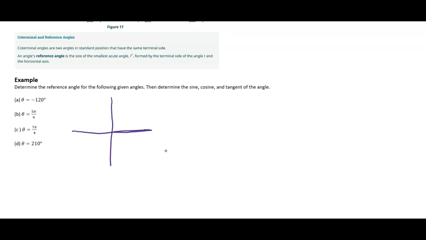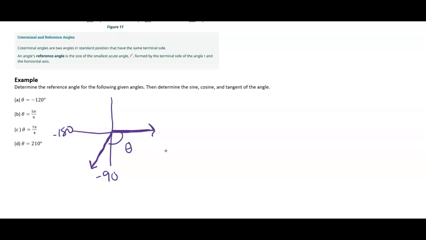if I have my starting side here, and I label, especially when I have to go backwards this way, so negative 120 would be 30 degrees past 90 degrees. And so this is my angle theta.